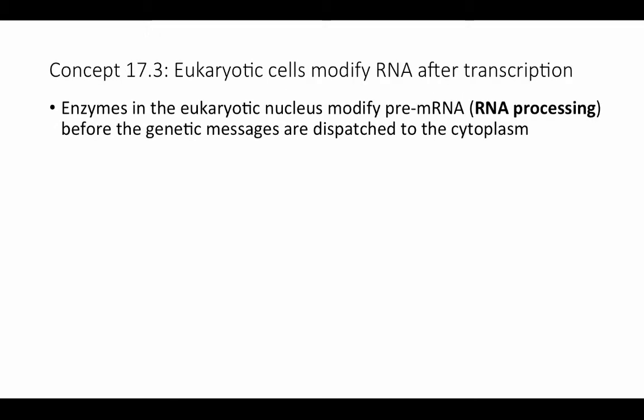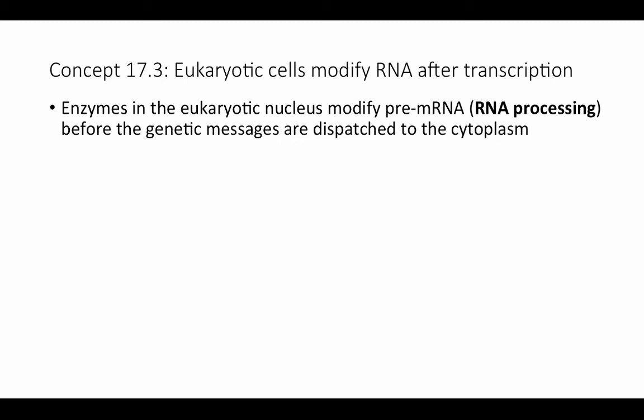The other way in which eukaryotic cells differ in their transcription process from prokaryotic cells is that eukaryotic cells are going to modify this messenger RNA within the nucleus before it's sent out of the nucleus to be translated.